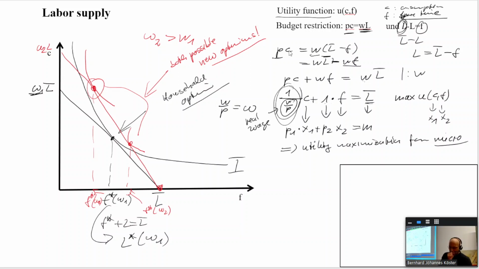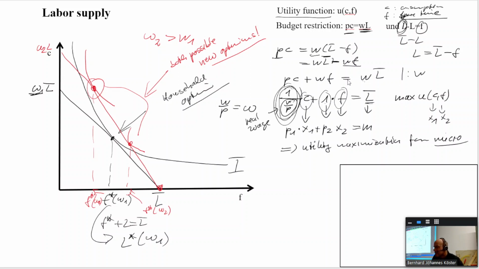And in this case, I demonstrated to you that this is, in the end, one-to-one what you have seen in your micro course. If you just identify the inverse of the real wage as the price for your consumption good, and we identify one as the price for our spare time.